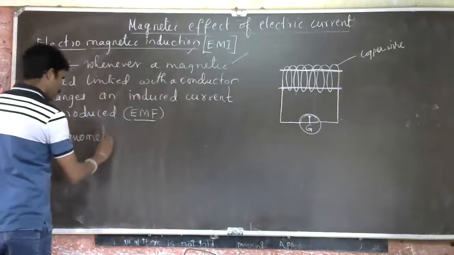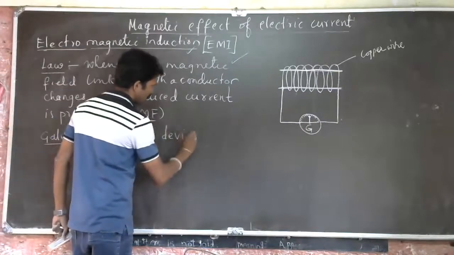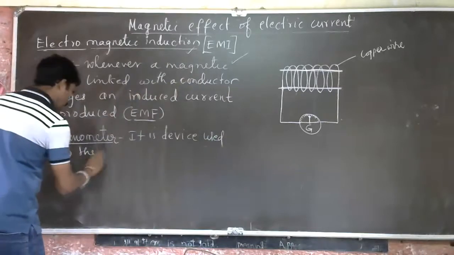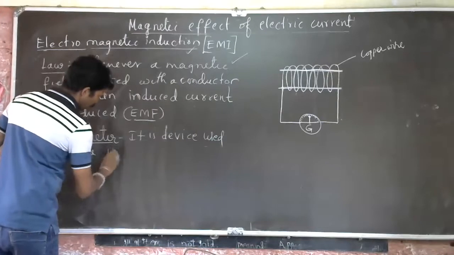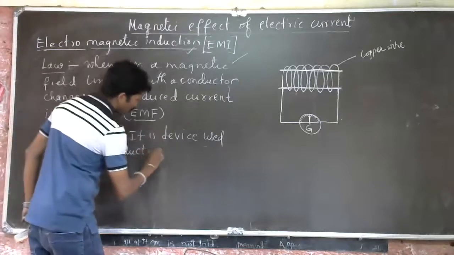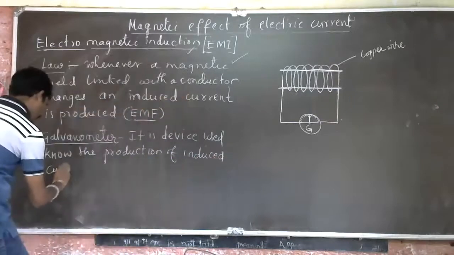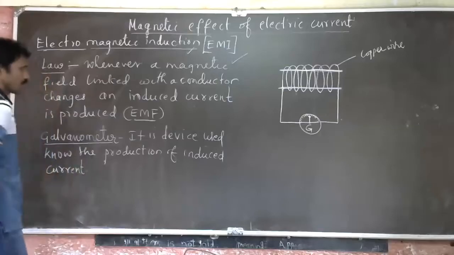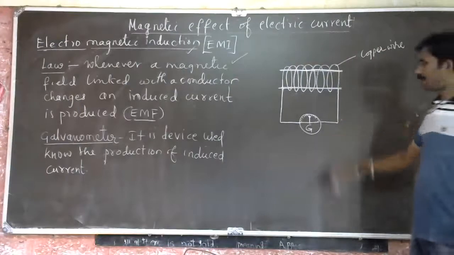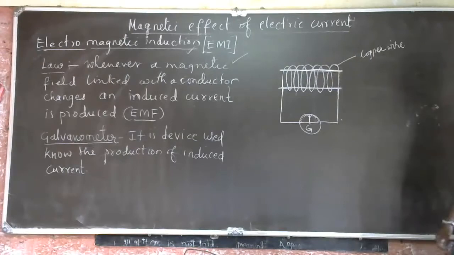Galvanometer. It is a device used to know the production of induced current. That device is connected to the free end of the copper wire.